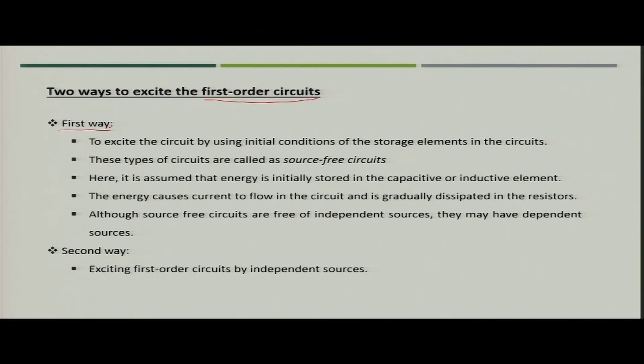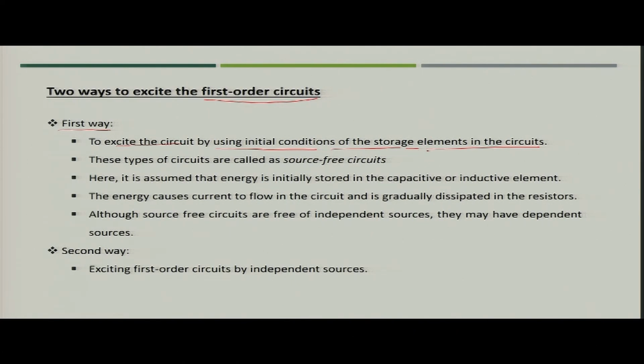The first way is to excite the circuit by using the initial conditions of the storage elements in the circuit. That means that initially you charge either the capacitor or inductor and insert that charged element into the circuit. Then the only source of energy is the total energy stored in the capacitor or inductor.